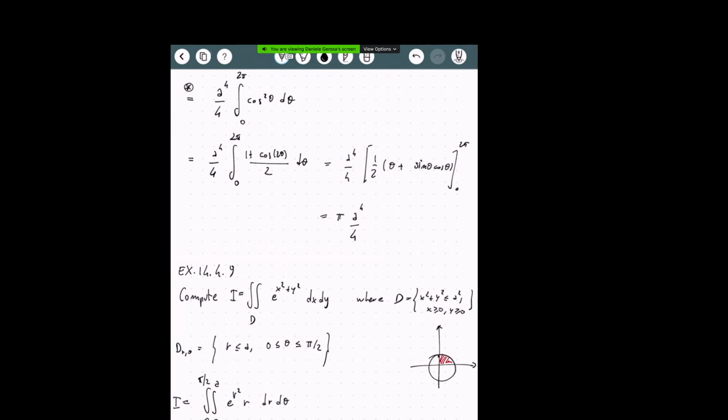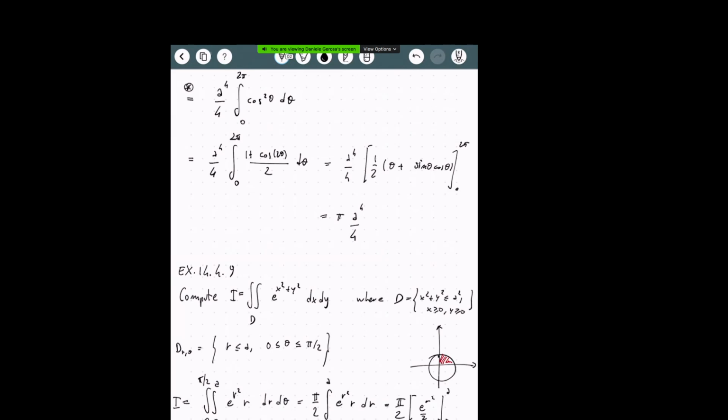You could actually integrate in theta directly. You get pi divided by 2, integral between 0 and a of this, dr. And this is, of course, equal to e to the r squared divided by 2 between a and 0.